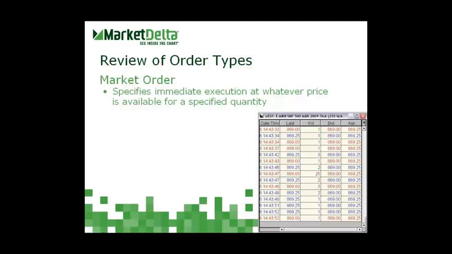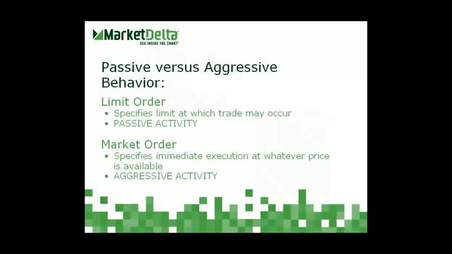If you're wondering about stop orders and how they fit into this, remember that a stop order, once triggered, becomes a market order. By definition, the placement of a limit order is considered passive behavior. The placement of a market order is considered active or aggressive behavior.